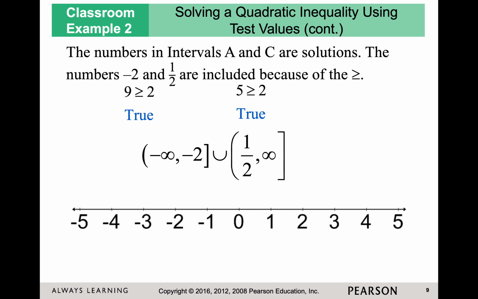So my interval then is from -infinity, and it's always a parentheses on -infinity, guys, to -2. It's a bracket because I had the equal to on there. Then it's going to be from 1/2 to infinity. That infinity should have a parentheses on it, so that is a typo in the slide.